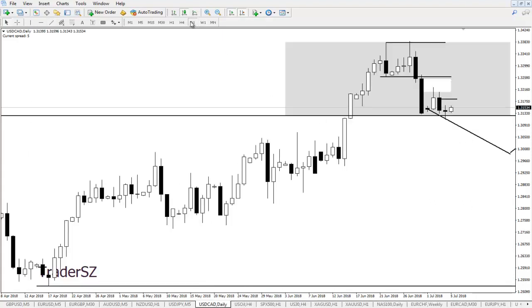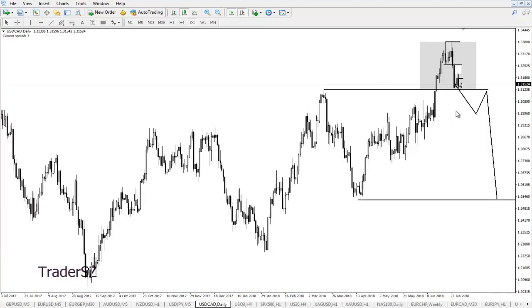Okay, so it's just about gauging where you are within the bigger picture. When you know where you are within the bigger picture, when you know where the market is most likely to move, the entry isn't the hard part, it's where it is most likely to target. Okay, is everybody clear with that so far?